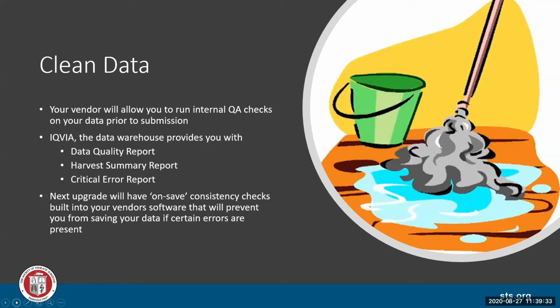I don't suggest waiting until 2 weeks before the end of Harvest and then start cleaning up your data internally. You could potentially have software errors with your vendor to fix, or other data inconsistencies that you'll need to clean up. And so I do suggest having some consistent manner in which you do these internal quality checks.